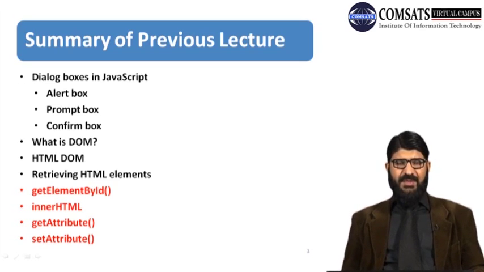The prompt box displays two options, the OK option and the cancel option. When the user presses the OK option, the user value is taken, and if the user presses the cancel option on the prompt box, the return value is null.